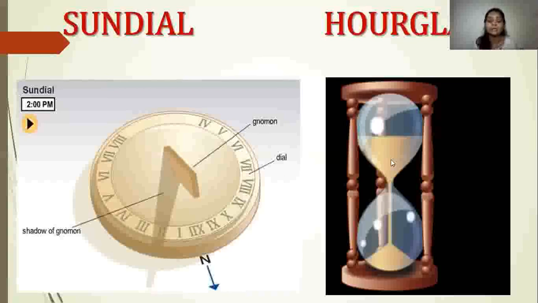The basic principle behind the hourglass is that the sand particles fall from the upper chamber to the lower chamber at a constant speed and in a constant amount. The amount doesn't change, it remains the same.